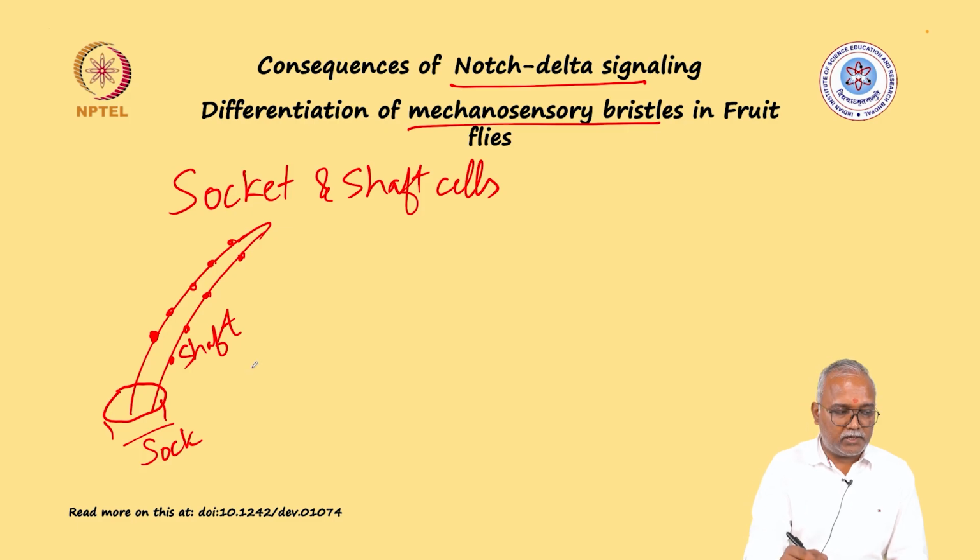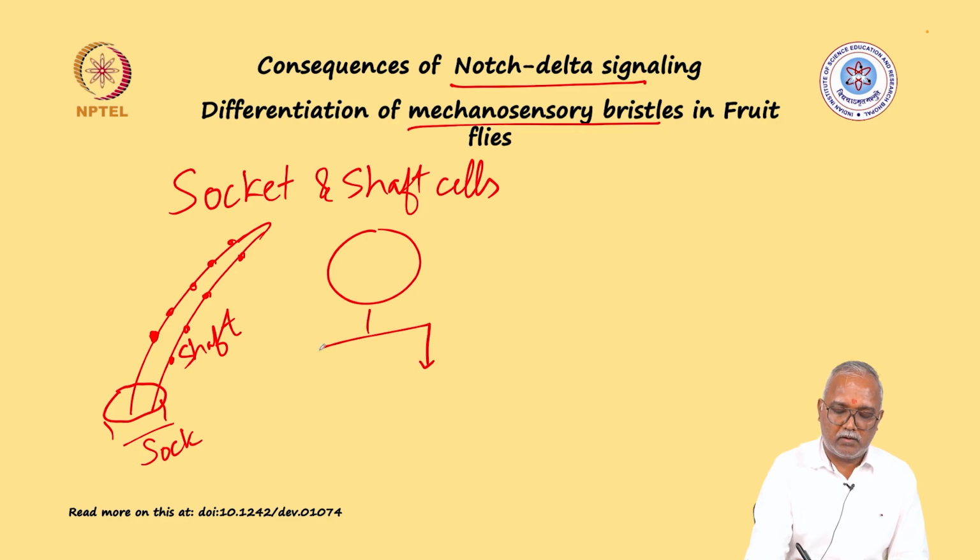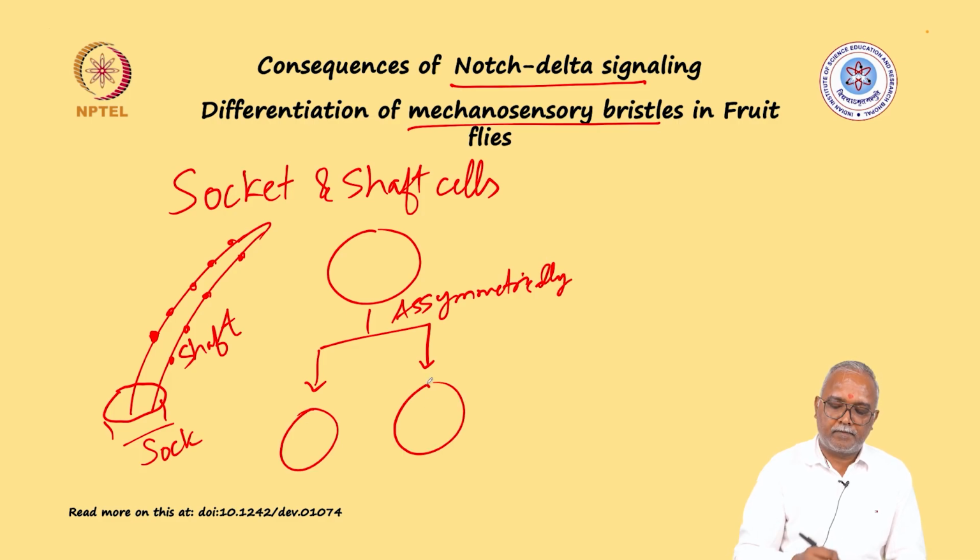These cells actually come from a common precursor cell. This precursor cell will divide asymmetrically to give rise to two cells.